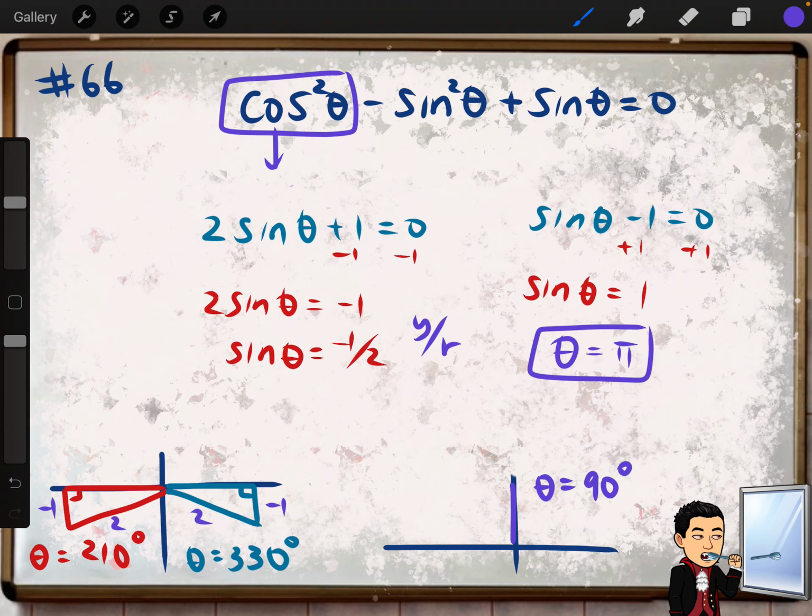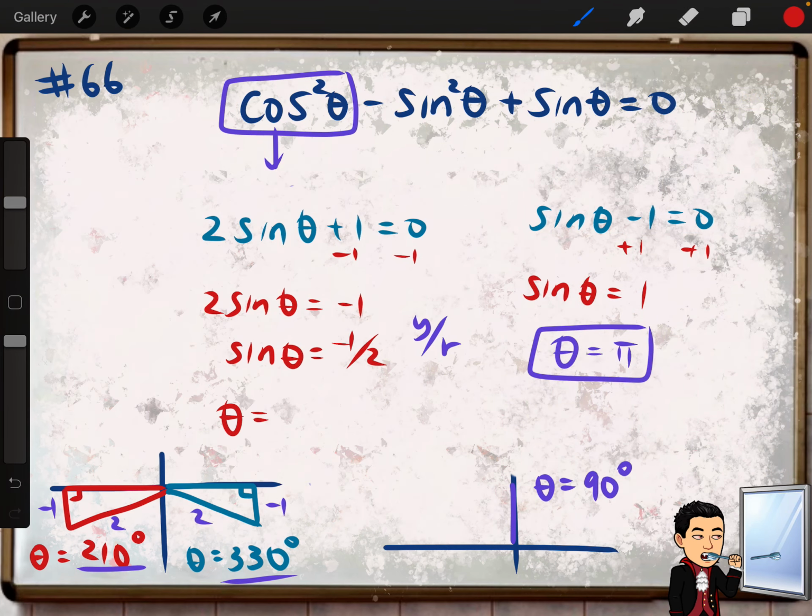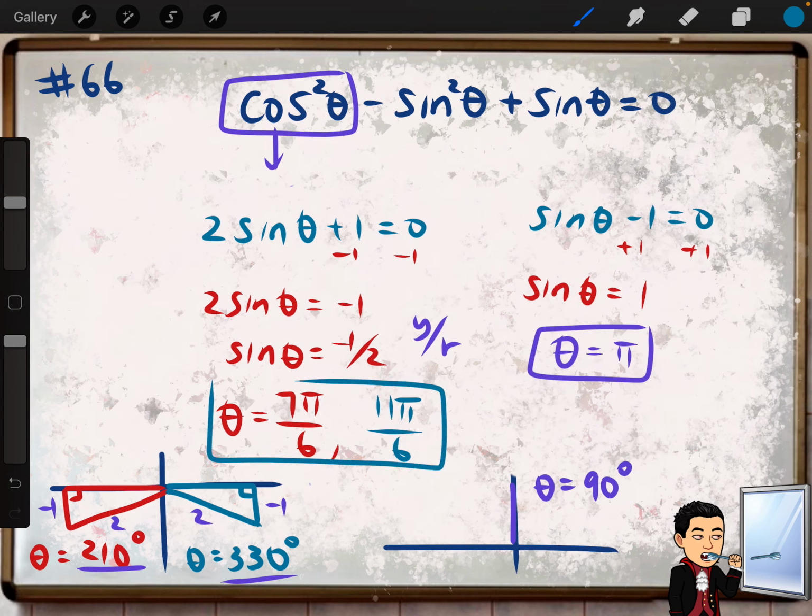You're going to get two possible measures in quadrants 3 and 4. You can identify that one of them is going to be 210, another one is going to be 330. For the 210, you're going to write 7 pi over 6. For the 330, you're going to write 11 pi over 6. Okay, so those are also your answers. You got 3 different measures.